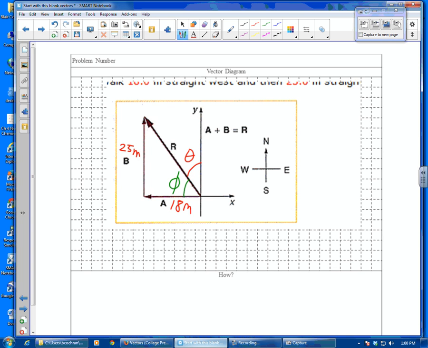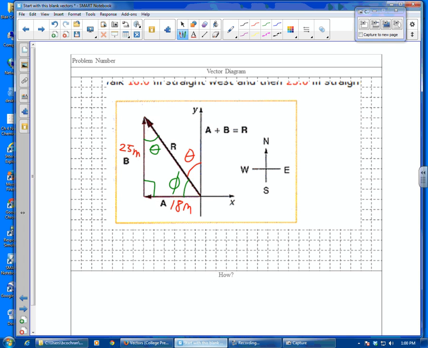Well, this one would be 90, right? That makes it a right triangle. The one up here would be theta also. How do we know? Well, we know that from outside here, theta plus phi add up to 90, and we know the interior angles add up to 180.